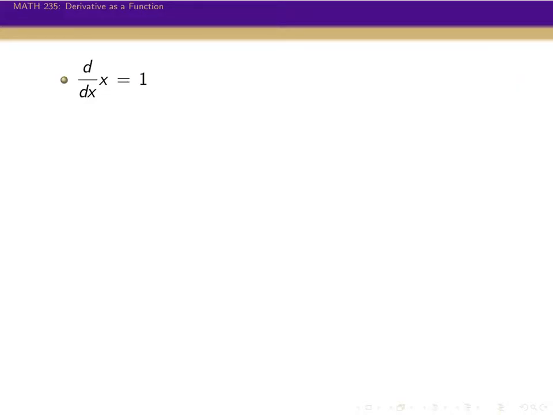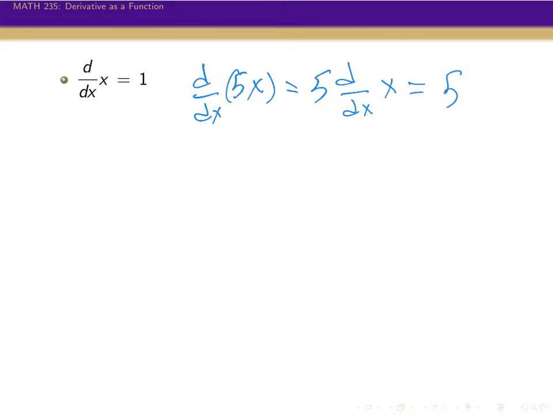So the derivative of just x by itself is always equal to 1. And so then using sort of the rules that we saw before, if I wanted to take the derivative of 5x, well, this would be equal to 5 times the derivative of x, because I can pull the 5 out. And then the derivative of x we just saw is 1, so it's going to equal 5 times 1, which is 5.